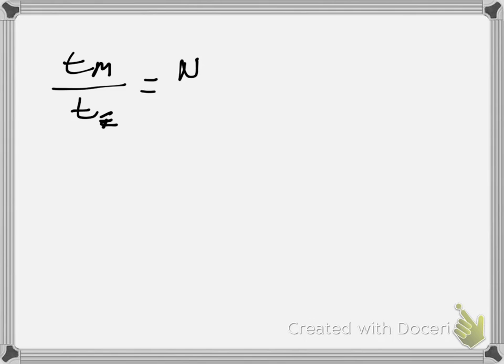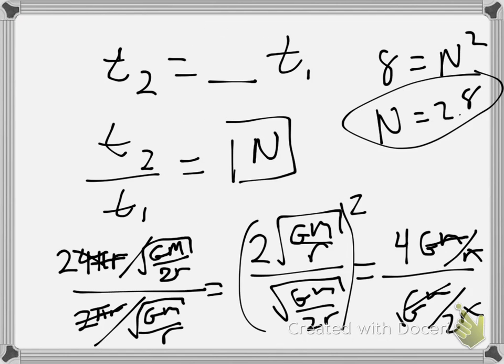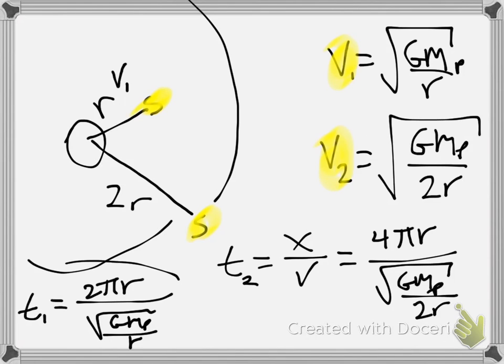And then that's going to give us some number n that we're looking for. T Mars, I'm assuming it's the same radius, is going to be like the bottom equation, where we took 2 pi r divided by that.